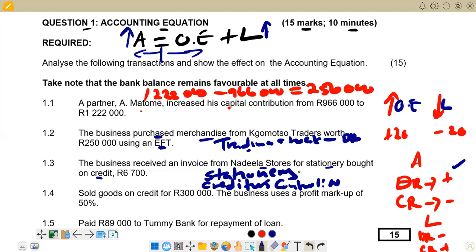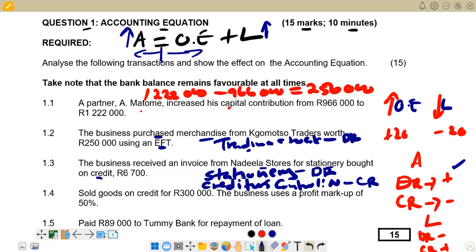So here we debit, and it's a DR, which is debit, and then with creditors, obviously when we buy on credit, we are supposed to credit the name of the business. Here we credit.